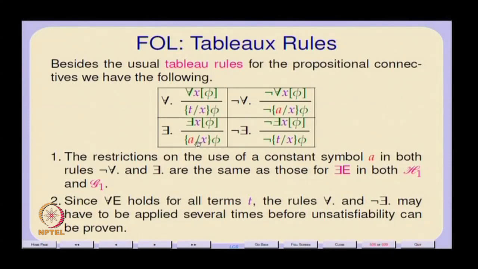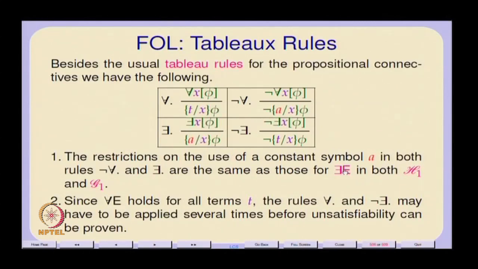This A here is very much in that spirit. This A has to be a fresh constant which does not occur anywhere in the path in which you are doing this existential quantifier elimination. So, it should not have occurred before. So, this has to be fresh.